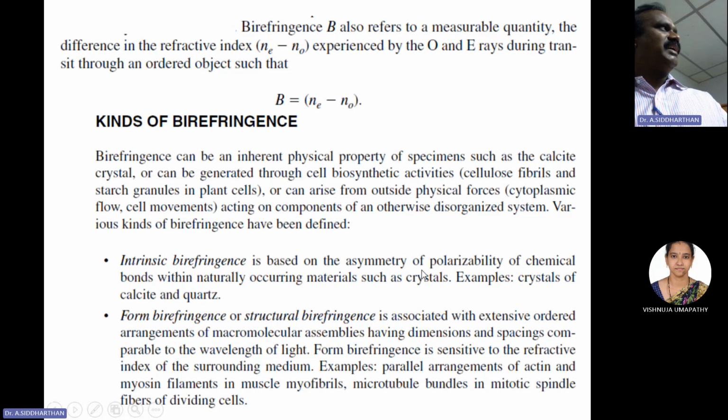Intrinsic means by the characteristic of the chemical bonds within the material, like calcite and tourmaline, they are intrinsic in nature. Structural birefringence means they are created by extensive ordered arrangement of macromolecules or spacing. Okay, so because of some pull, some action or strain, they become oriented in a certain direction.